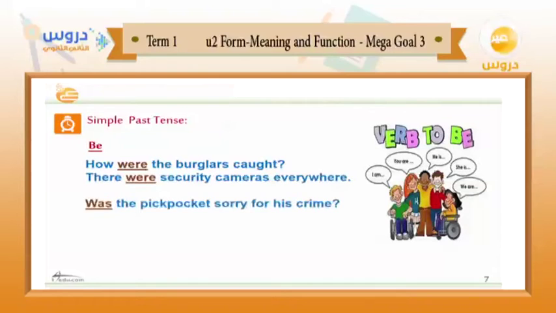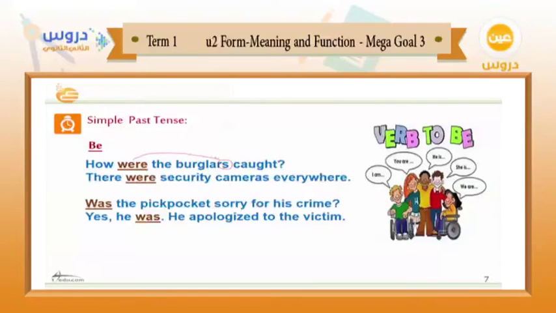We have some examples. How were the burglars caught? Because it is plural here, we used were. There were security cameras everywhere.